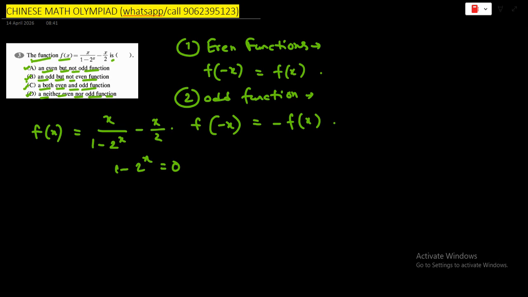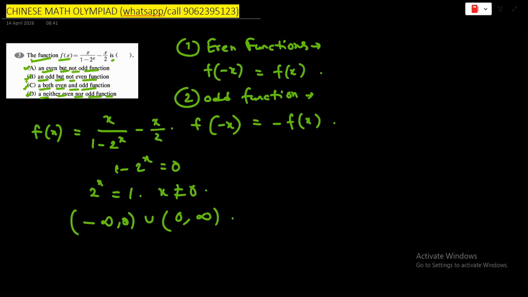That happens when 2 to the power x is 1, so x not equal to 0, right? And our domain is what? Minus infinity to 0 union 0 to infinity. Okay, so it's symmetric about the origin, so the even-odd game is officially on here.